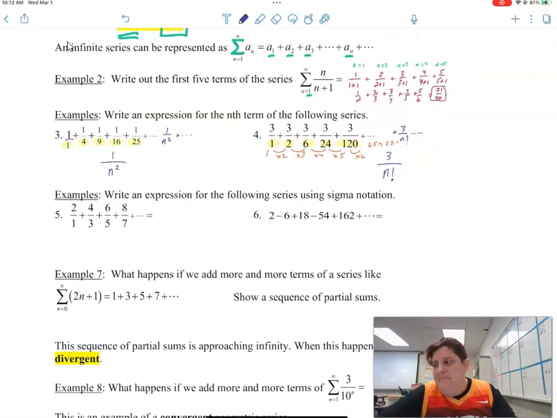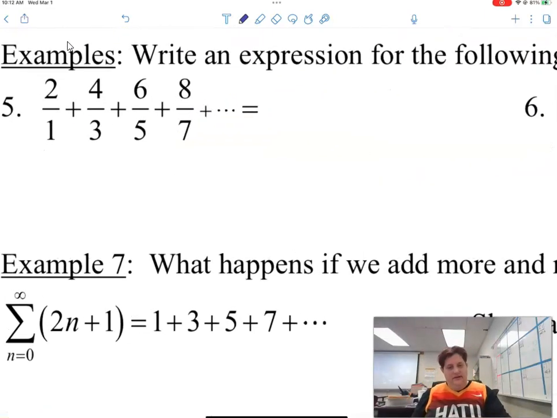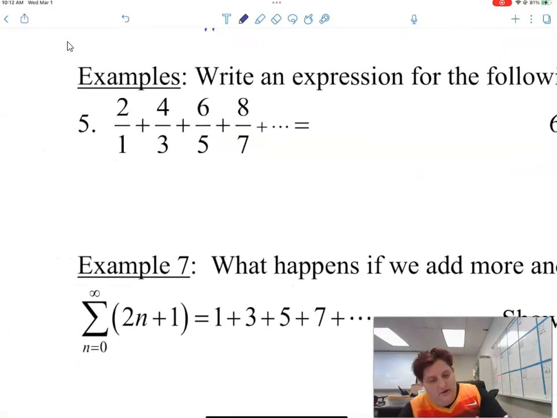All right. Okay, now we want to write these in sigma notation. So we want to go, okay, from n equals 1, and because of the dot, dot, dot, we have to go to infinity. All right, now this actually has kind of 2 separate things here.